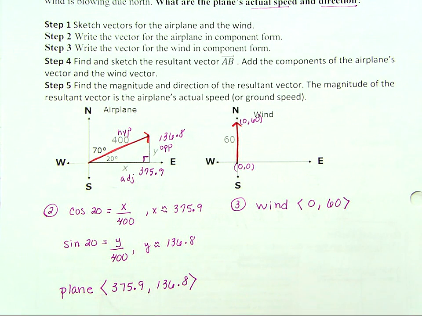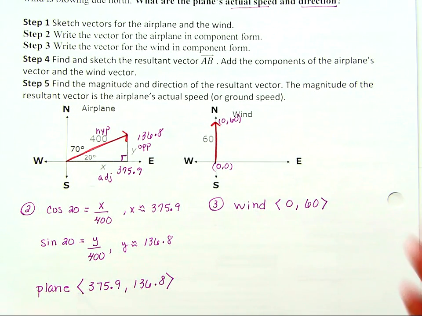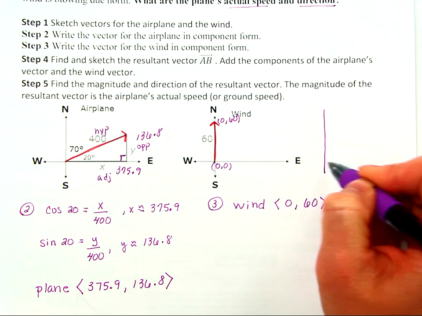Now, step number 4 wants me to sketch the resultant vector and add the components of the airplane and the wind. What would my resultant vector look like? Let's just do a rough sketch here.